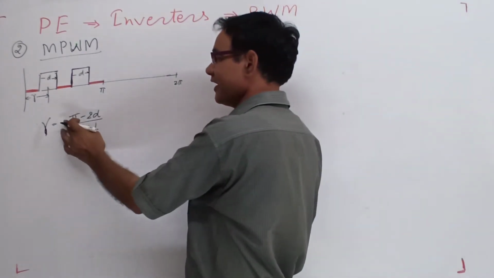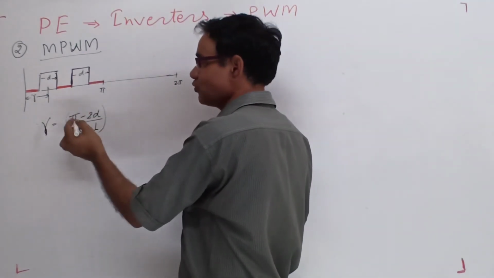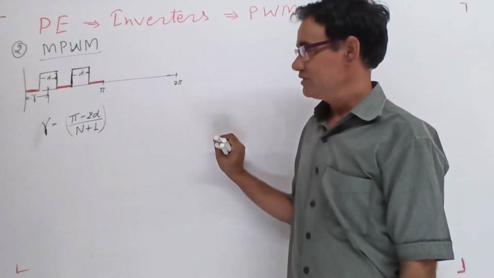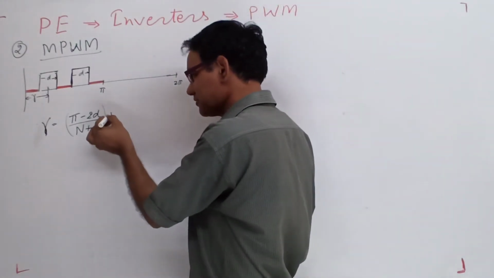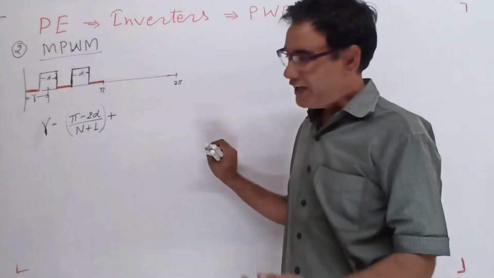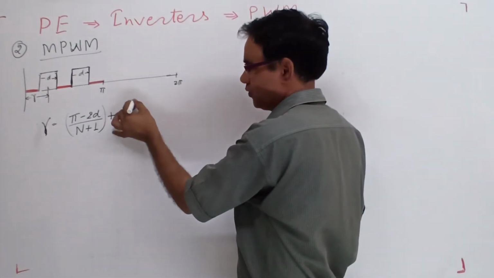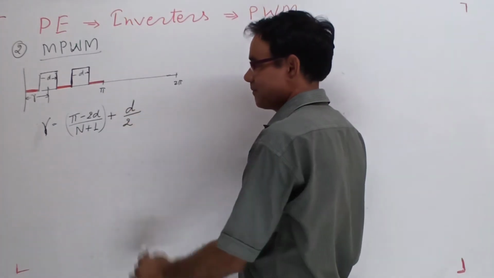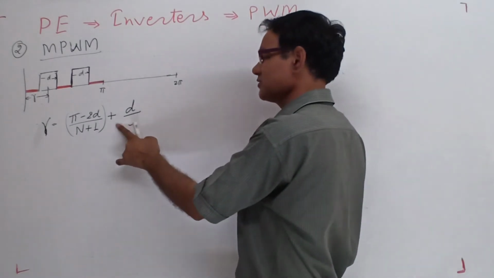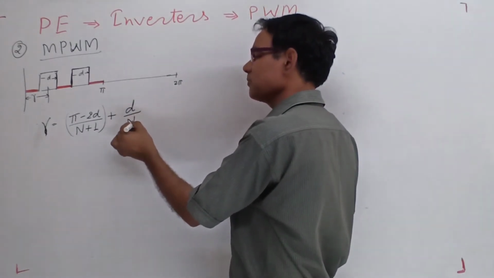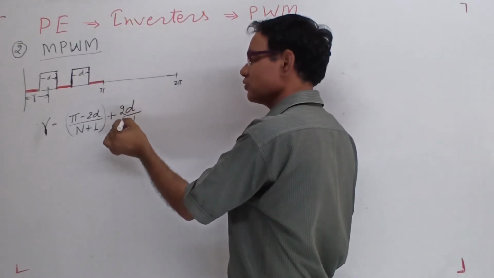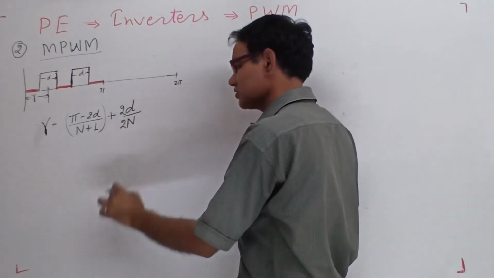This is one region, plus d by 2, where d by n with n the number of pulses, and the total pulse width 2d, so 2d by 2n.